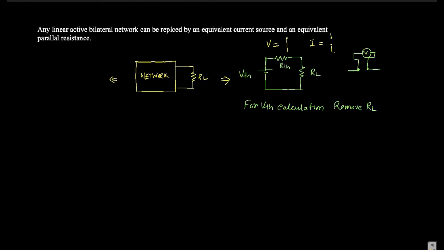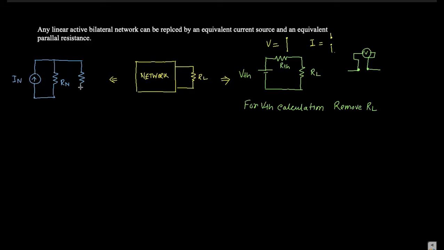And what should we do for Norton's theorem? For Norton's theorem, we replace the same circuit by a current source, denoted by IN, the Norton's current, and a resistance connected in parallel with that current source, which is the RN, keeping the RL intact.